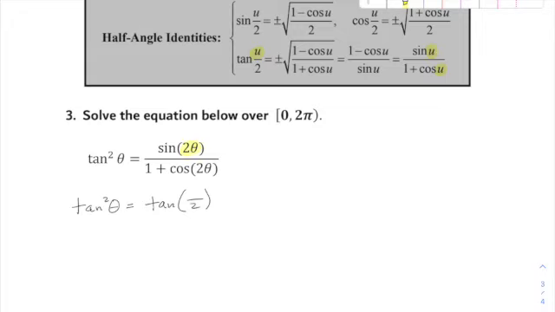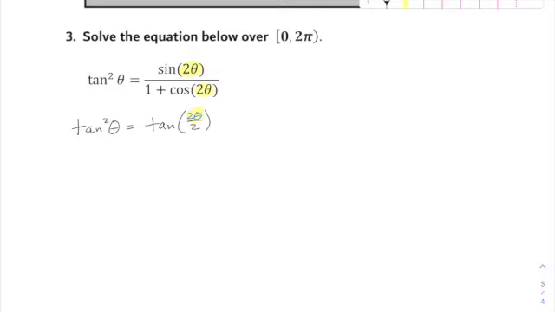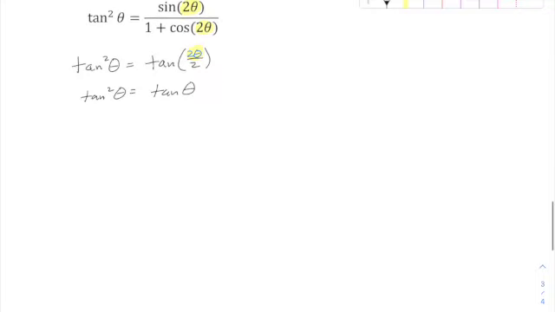So the u is 2 theta, so I got to put that right here, and then I divide that by 2, take half of it. But that actually ends up working out pretty nicely, because now you've got tangent squared of theta is equal to tangent of 2 theta divided by 2, which is theta. So it's actually nice when they have the same argument, because now we can just proceed and solve like we've been doing, and this should be pretty nice.